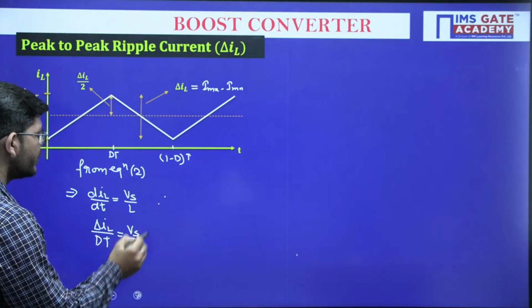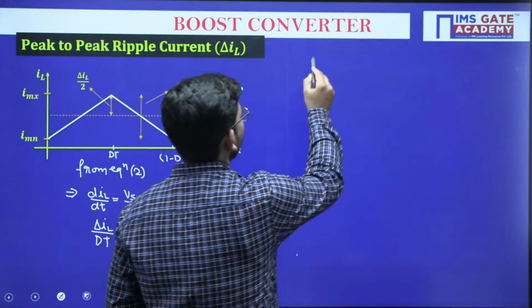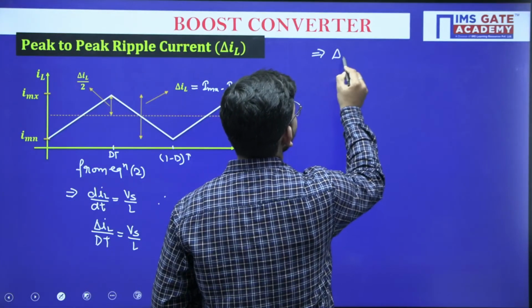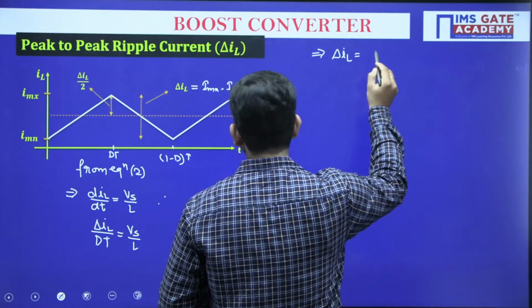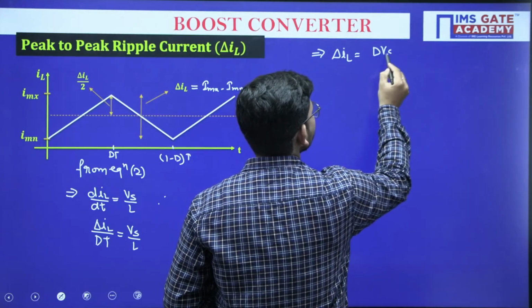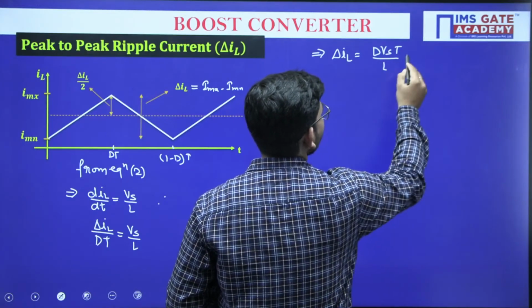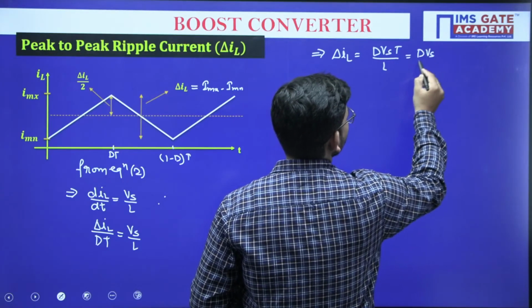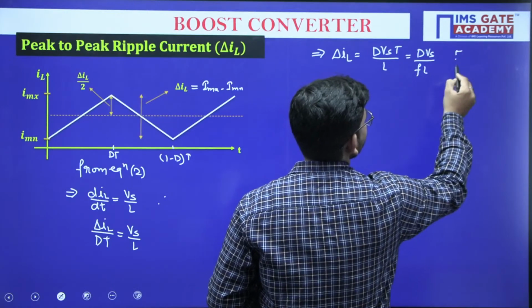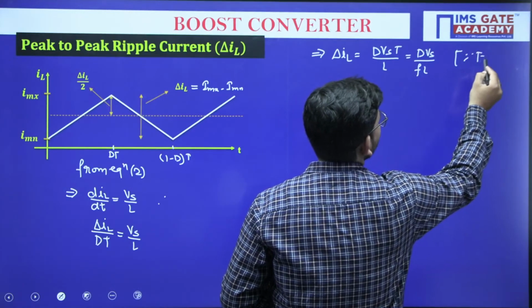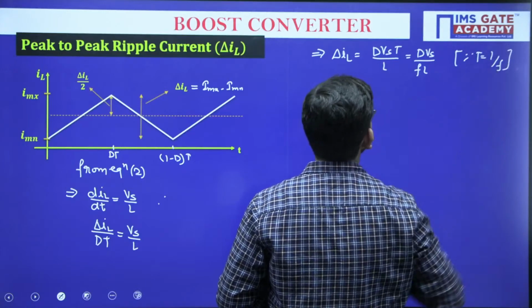This will equal Vs upon L. Finally, we will get del IL equals dVs into T upon L, or we can write this as dVs upon FL, since we know that T equals 1 upon F. F is the switching frequency.